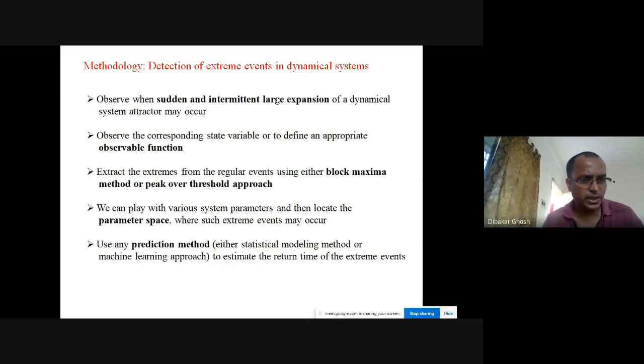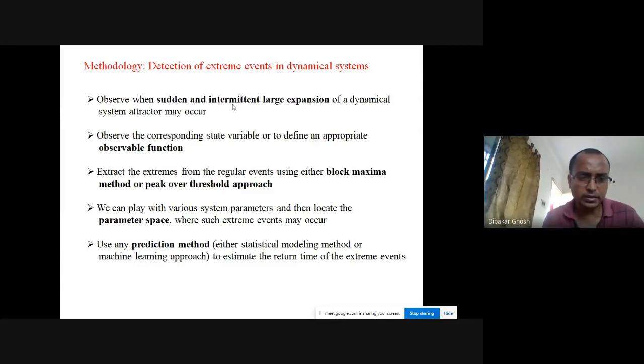The third step is to extract the extremes from the regular events using either block maxima or peak over threshold or any other methods. In the block maxima method, divide the time series into b number of bins with k data each, and then fit it with the generalized extreme value distribution.